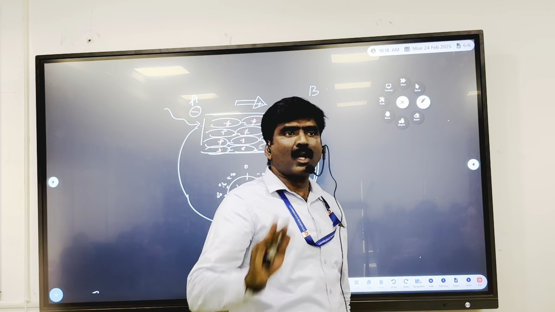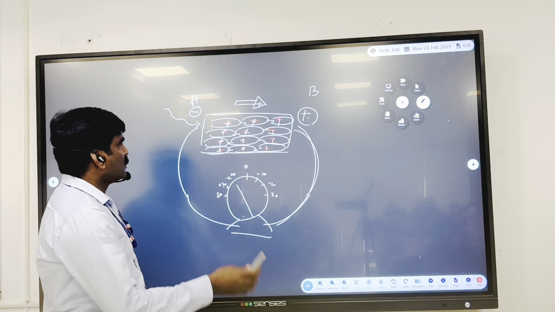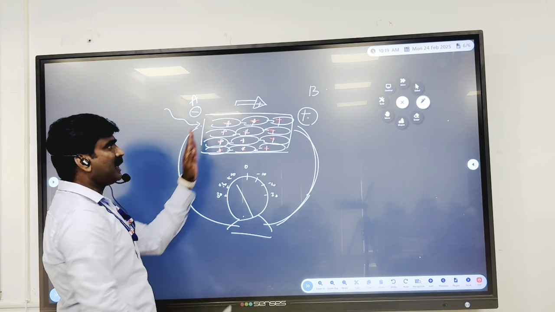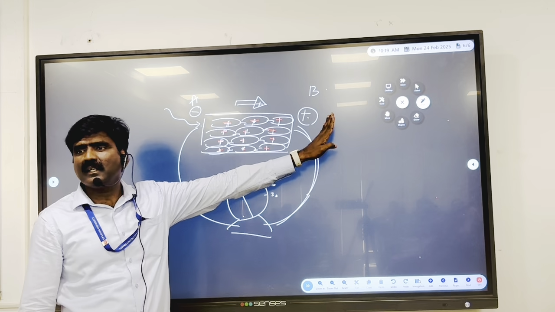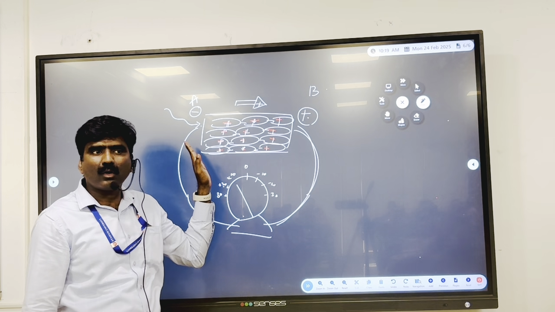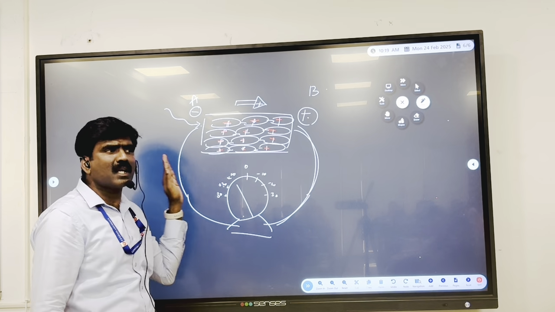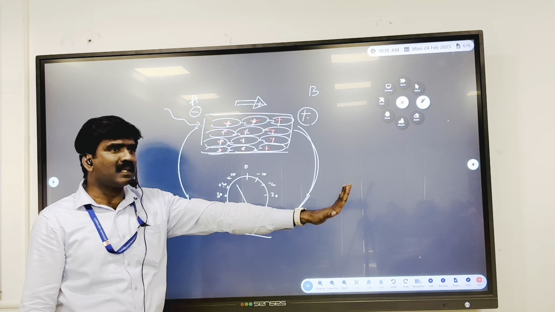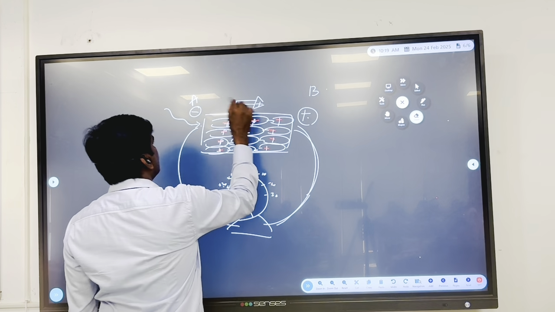Right? So now, next, third experiment. Listen. So now what happened? See, now all the cells are completely depolarized. So what will happen if all the cells are completely depolarized?